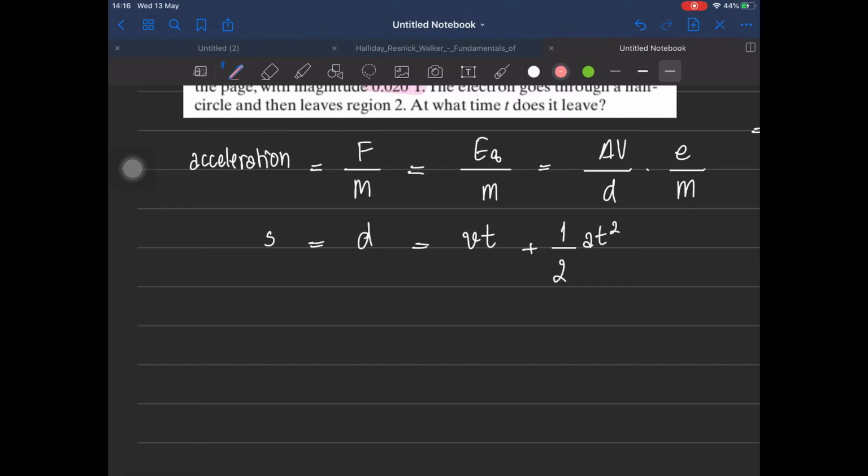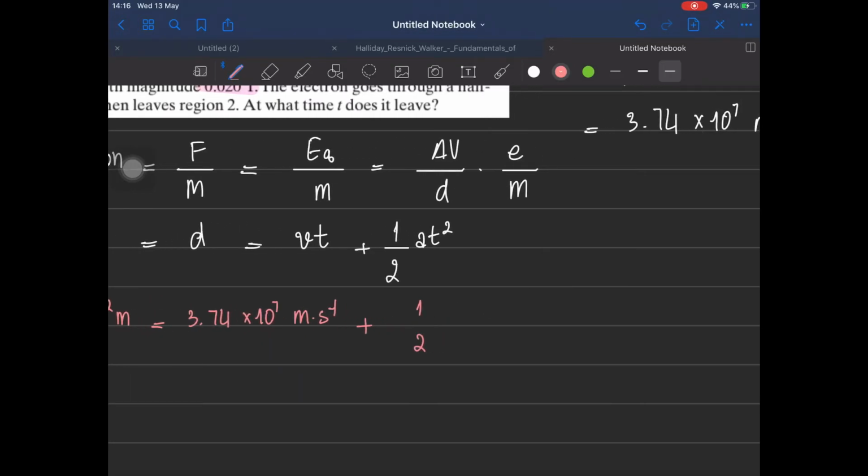So we can substitute 25 multiplied by 10 to the power of minus 2 equals 3.74 plus this number, 1/2, and the acceleration is from the formula that we have figured out earlier.